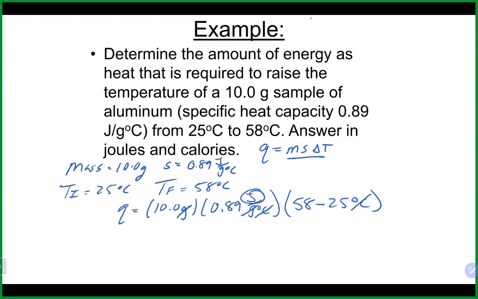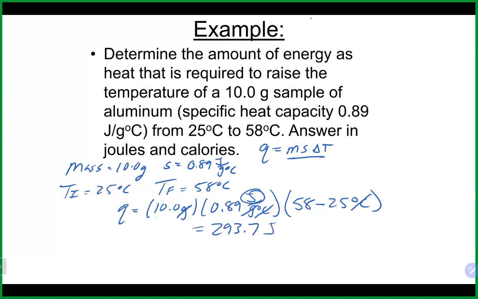If we multiply that out, 10 times 0.89 times 58 minus 25, we end up with something like 293.7 joules.